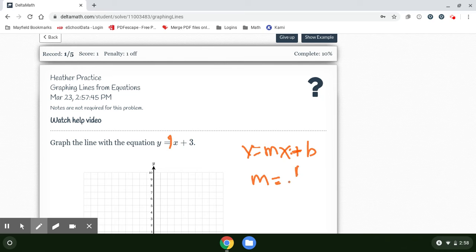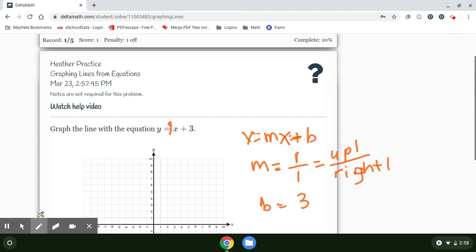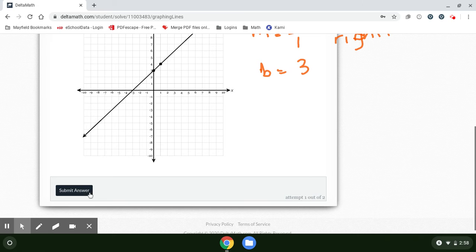So my slope is 1/1, which means up 1, right 1. And my y-intercept, which is b, is positive 3. So I'm going to start at the 3, put my first point at the y-intercept, and then follow my direction of up 1, right 1, and graph my second point. And I could keep doing that if I was doing this on paper, but I only had to do 2 points, and I will submit that answer.